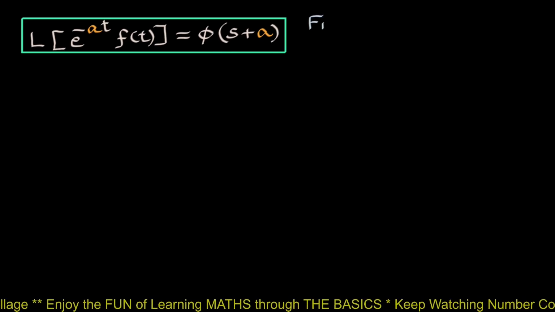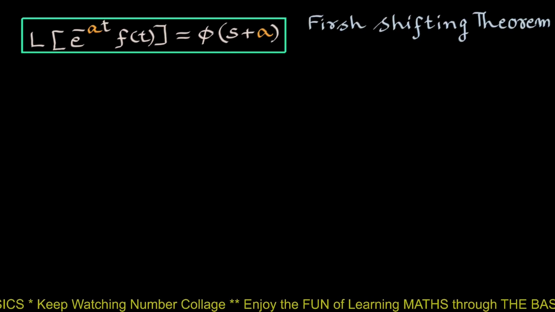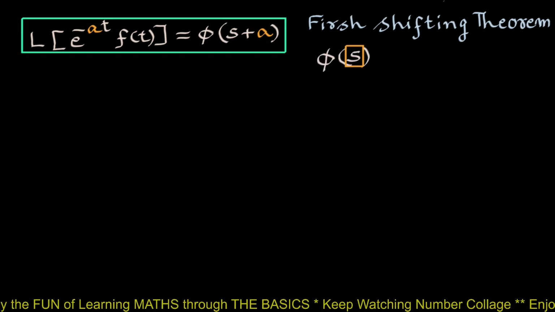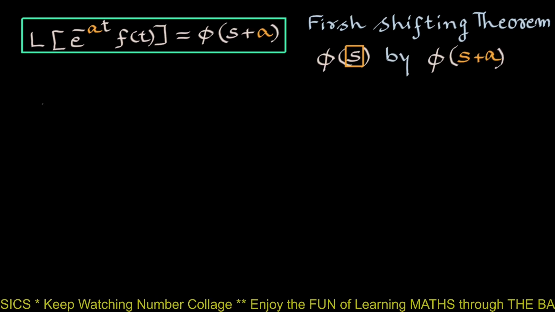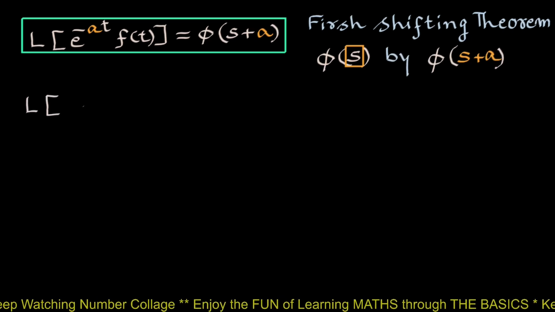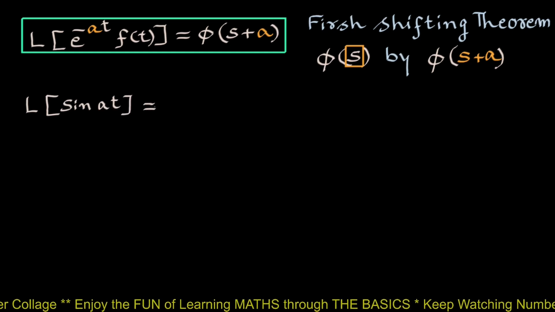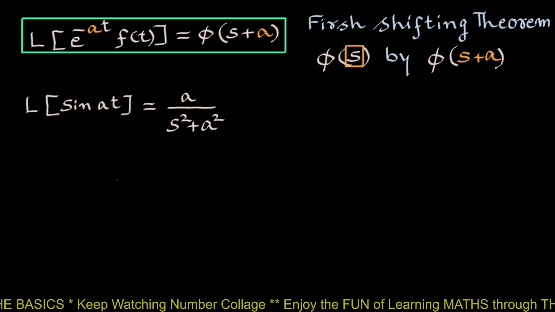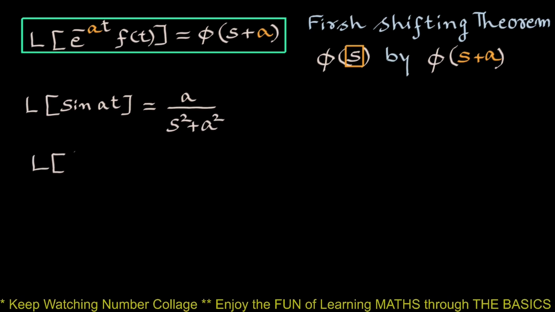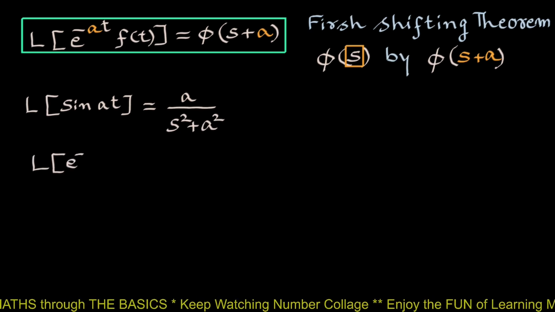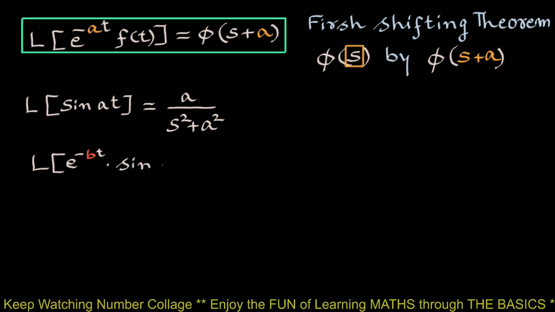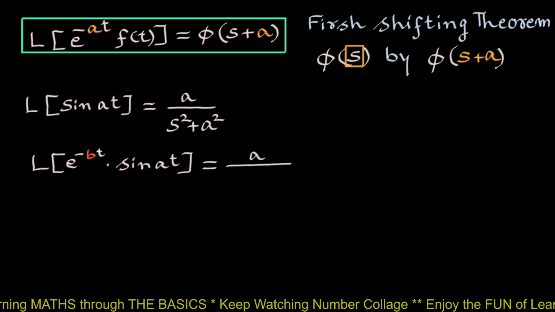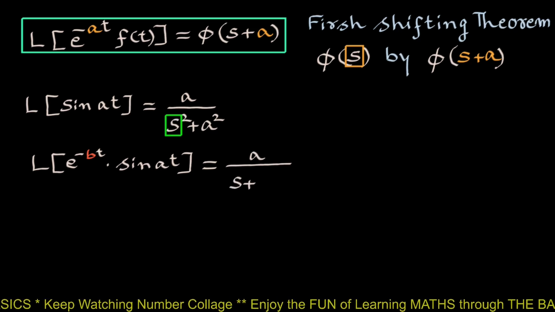In this first shifting theorem, all we have to remember is that we have to replace s of phi of s by s plus a. For example, we have the Laplace transform of sin at equals a upon s square plus a square. If we want to find the Laplace transform of e raised to minus bt into sin at, all we have to do is replace s by s plus b.